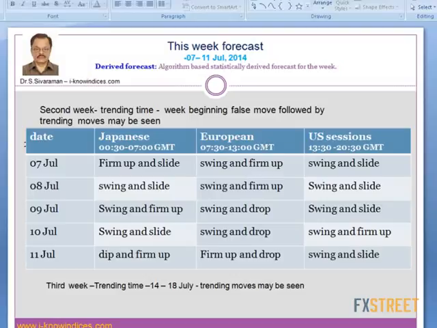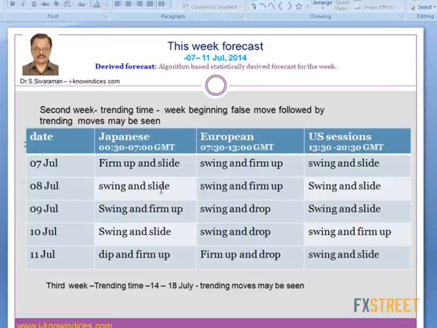Euro, they started forming up from the European session, and they are holding it after making a small slide. So you find that GBP and USD CAD have already started making the USD weakening move during the start of the Japanese session yesterday, and started making the USD gaining move.